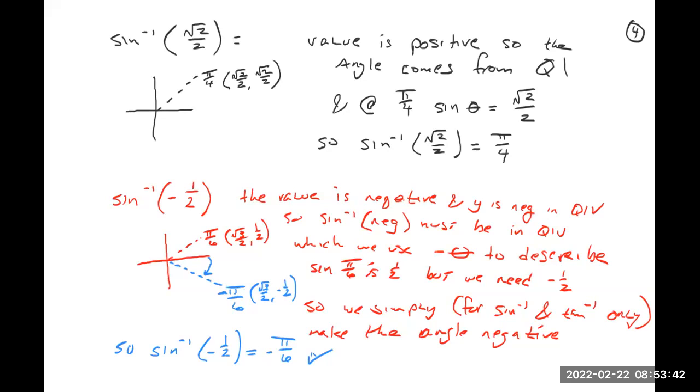Not too horrible, right? Only a little bit horrible. Any questions on this? If I'm asking you about the arcsine of a positive value, that angle must come out of quadrant 1. If I'm asking you about the arcsine of a negative value, that angle must come from quadrant 4.